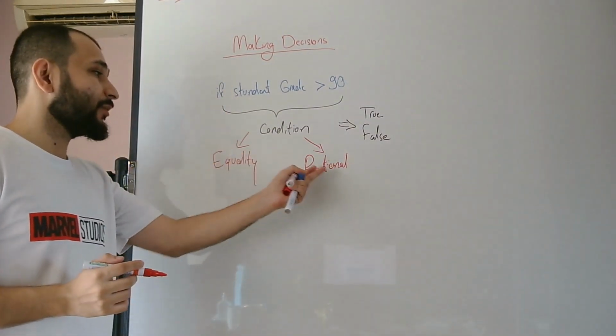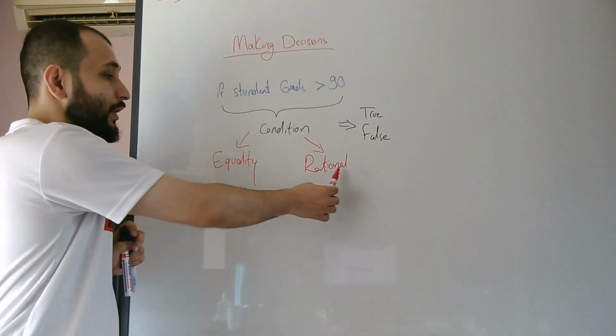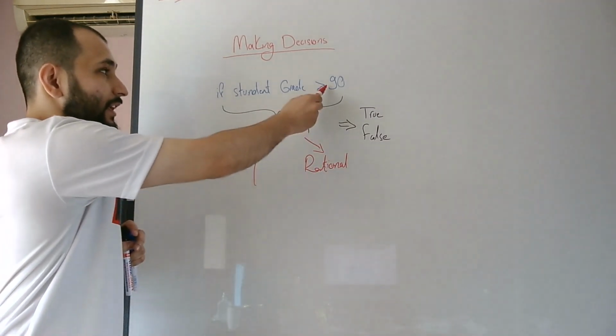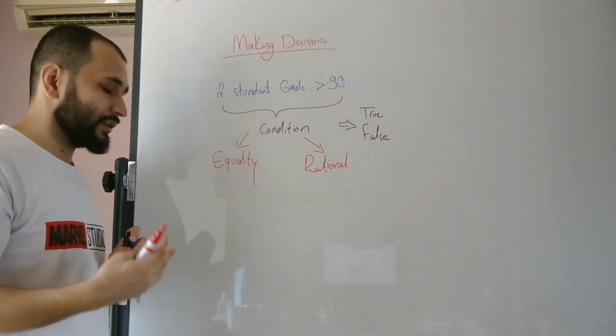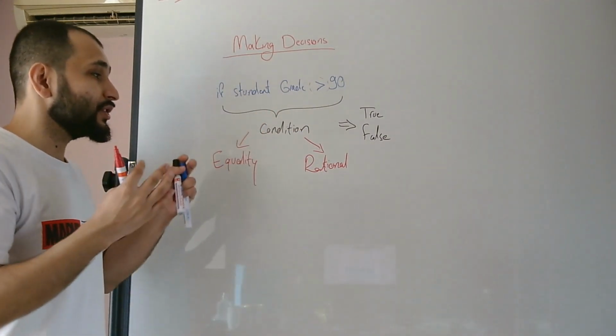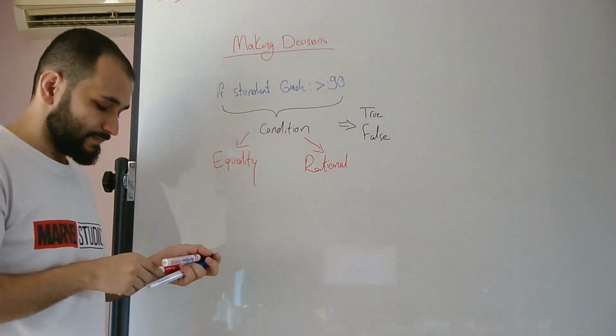With these two types of operators, we can create conditions. For example, you can see that we have used a relational operator here, greater than. Greater than is basically a relational operator. Now let's talk specifically about these two types of operators.